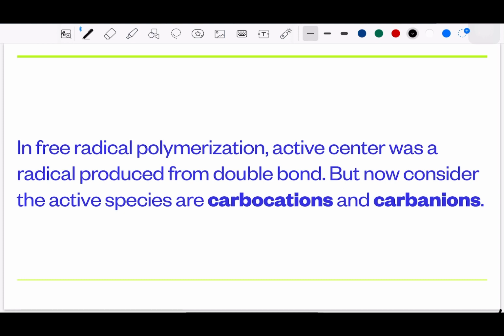Now we shifted and consider that the active one comes from the ions, the carbocations or carbanions. So it's the C with a positive charge or a negative charge. We consider these as our active species that will start the polymerization.